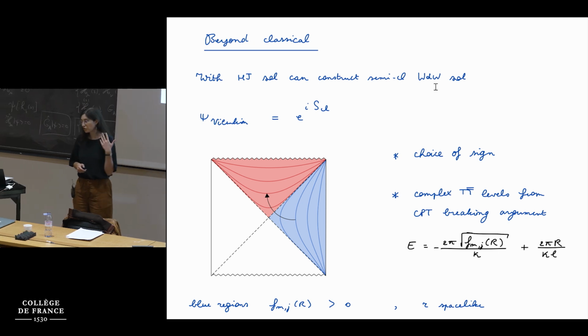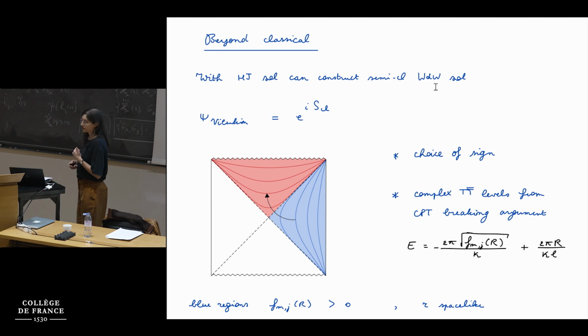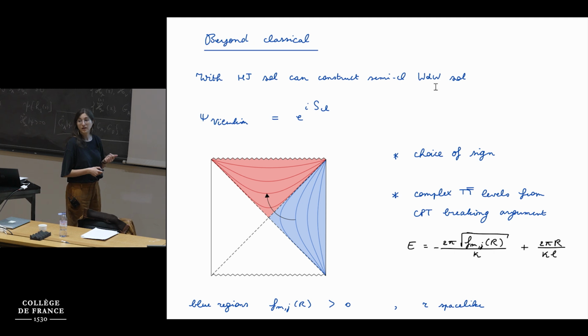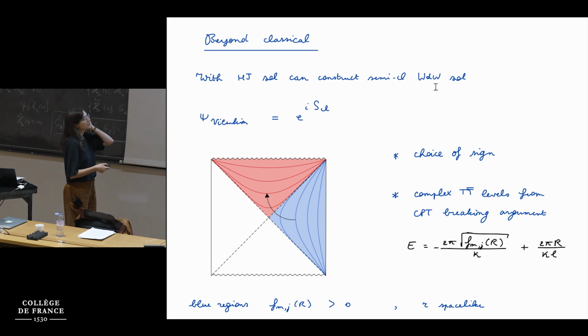And there's a dual interpretation to that, which is that it's consistent with this non-unitarity that appears in TTbar, meaning that TTbar is a theory that has energy levels that can become complex. And indeed, they become complex precisely when your TTbar crosses the horizon. So you can see that from the expression for the energy levels.